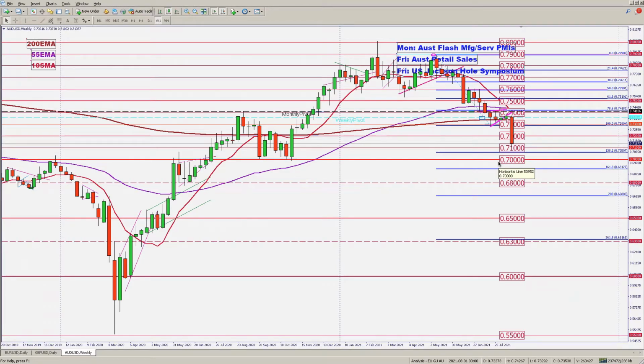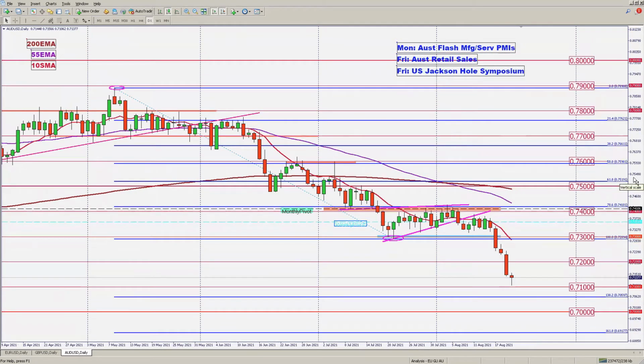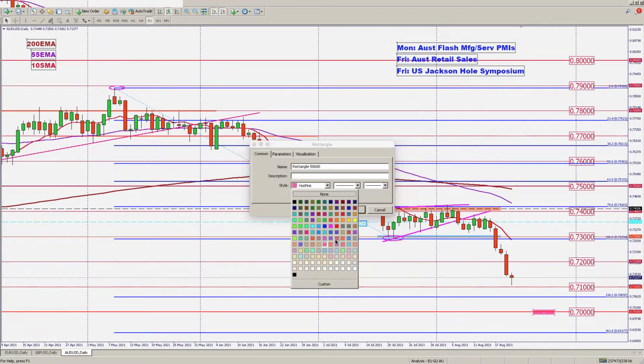It's a major support area. So this is definitely going to be a major support zone, the psychological round figure area.